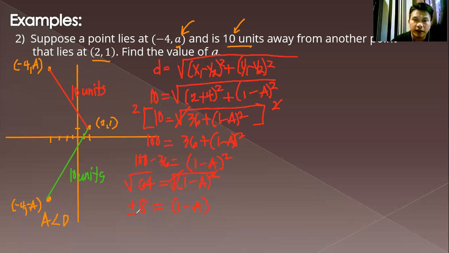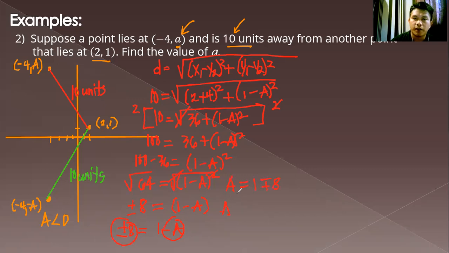So we have plus or minus 8 equals 1 minus a. Ililipat natin si a sa kabila, at si plus or minus 8 sa kabila, so a equals 1 minus plus or minus 8.